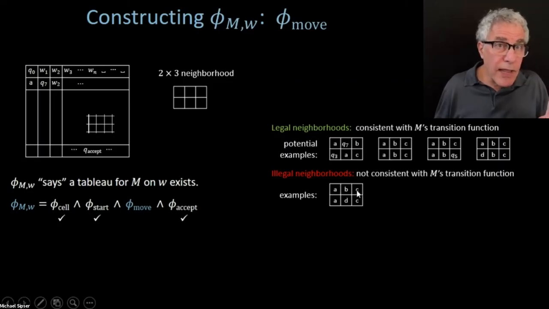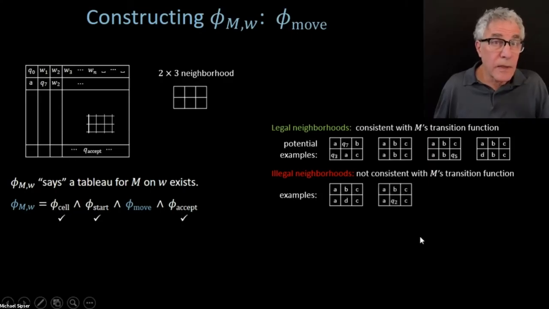If you have a piece of the tape in the previous step where it's A, B, C, and then suddenly the B changes to a D. The symbol on the tape changes out of nowhere, without having a head nearby, to something else. That could never happen. So that would be illegal. Another thing that would be illegal is if a state appears from nowhere. That could never happen. Or if it just disappears, that could never happen.